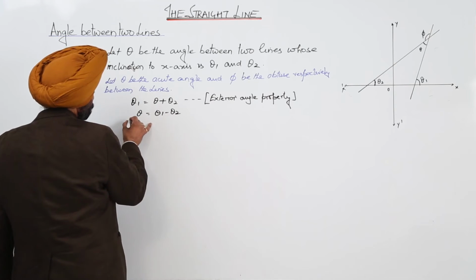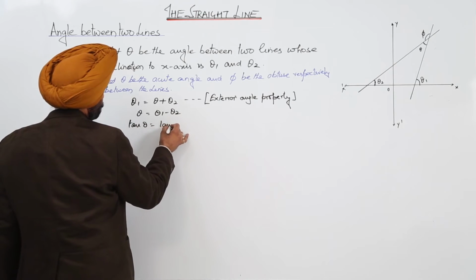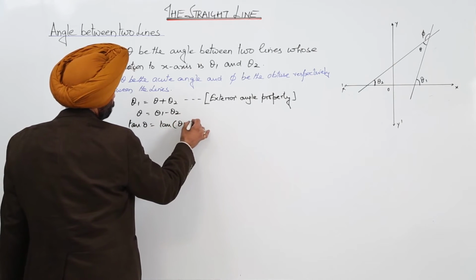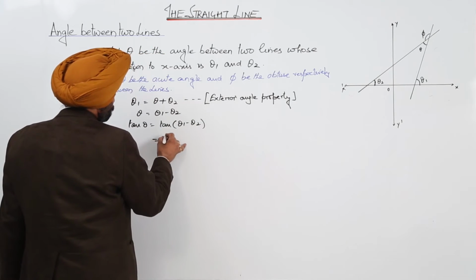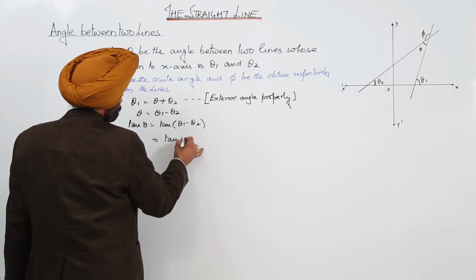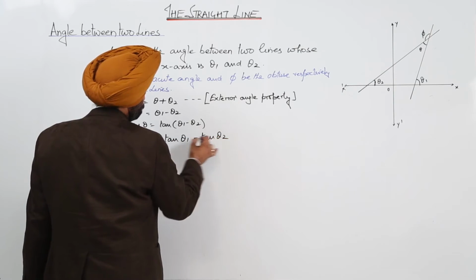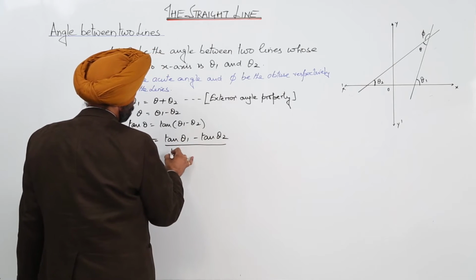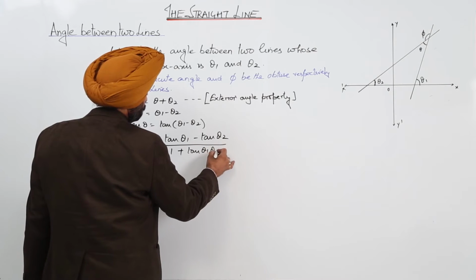Now multiplying both sides by tan. Now tan theta is equal to tan of theta 1 minus theta 2. Now this becomes tan theta 1 minus tan theta 2 upon 1 plus tan theta 1 tan theta 2.